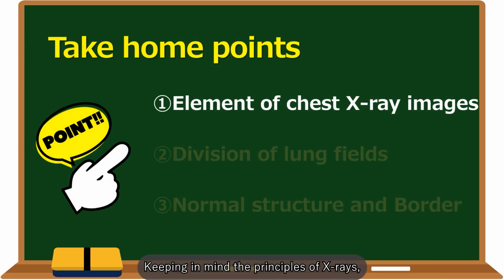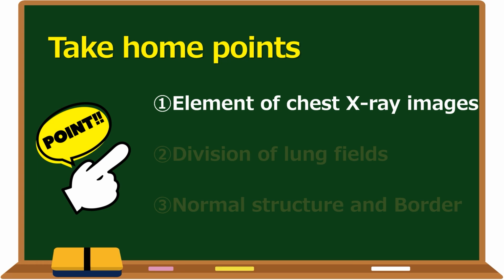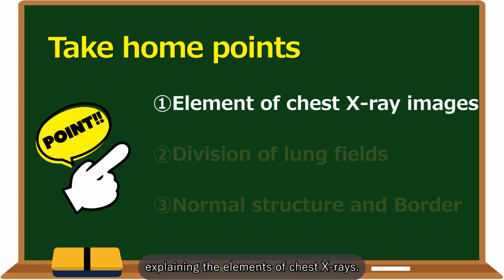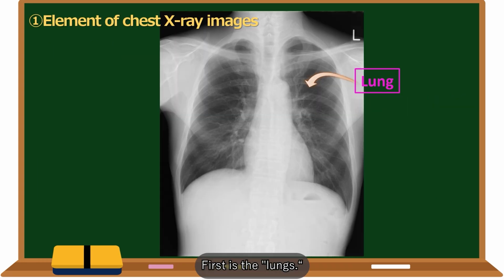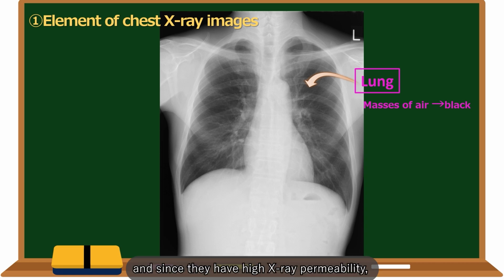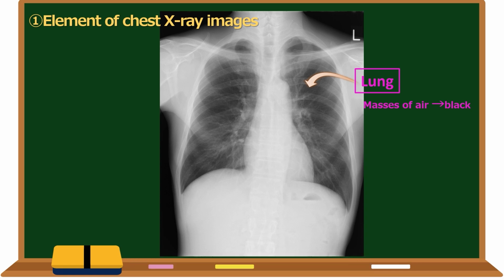Keeping in mind the principles of X-rays, let's get started with the first point: explaining the elements of chest X-rays. First is the lungs. The lungs are masses of air, and since they have high X-ray permeability, X-rays pass through them easily.